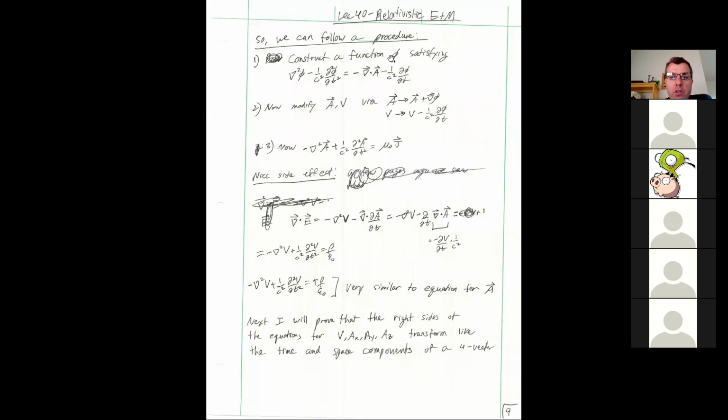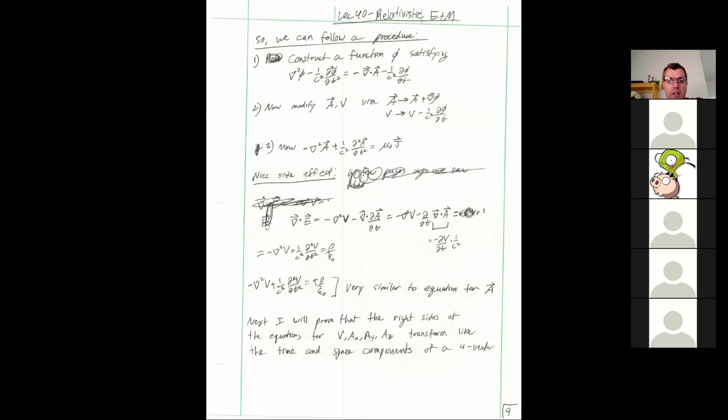So if I can construct a gauge function satisfying this, then I can modify A and V. And when I modify A and V, I get a very elegant wave equation with a source term. So my vector potential is created by current densities.